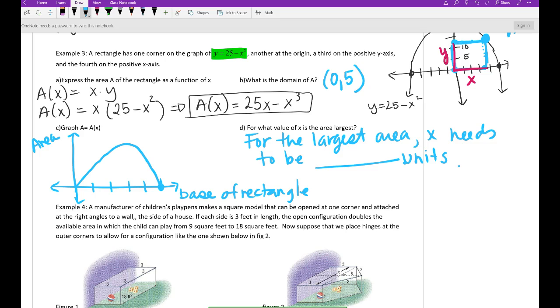Compare that with the others. Is it 2.88 or 2.89?